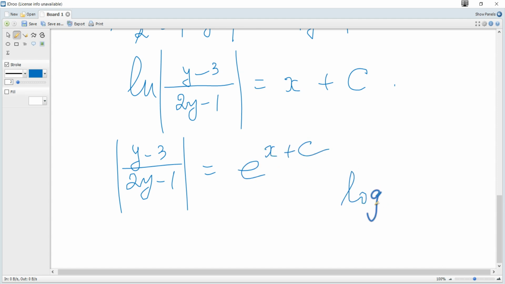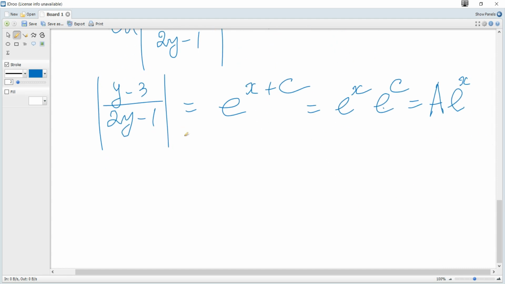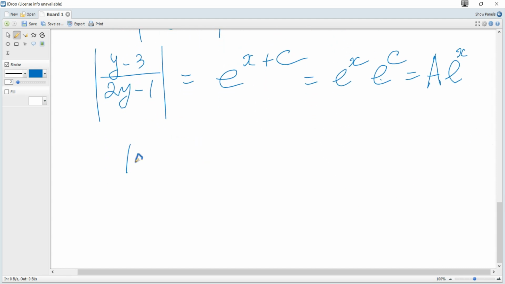It's because log base 2 of 8 is 3, so 2 to the power 3 is 8, but ln is log to the base e. The right hand side becomes e to the power of x and e to the power of c, a constant to the power, which is also a constant, it's just another constant, so it looks like a multiplied by e to the power of x. And in general we know that the absolute value is equal to x when x is positive and negative x when x is negative.